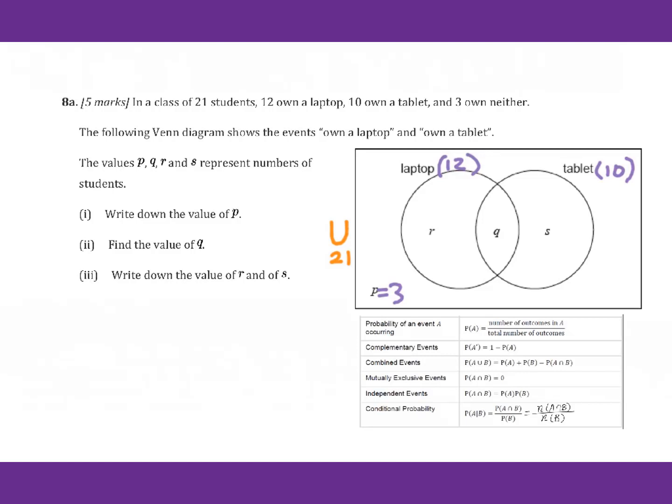The values P, Q, R, and S represent numbers of students. Write down the value of P. That will be 3. Write down the value of Q. You add all this together, minus 21, will be Q. So Q equals 12 plus 10 plus 3 minus 21.